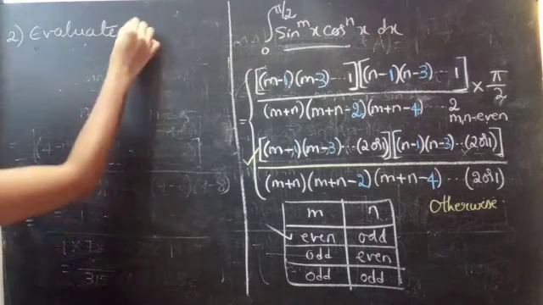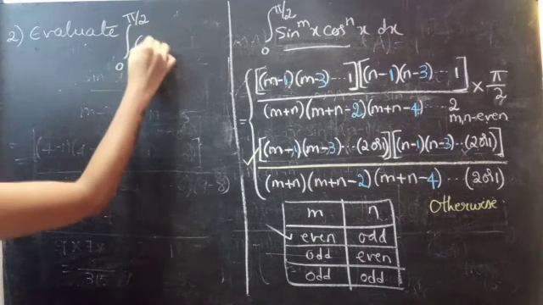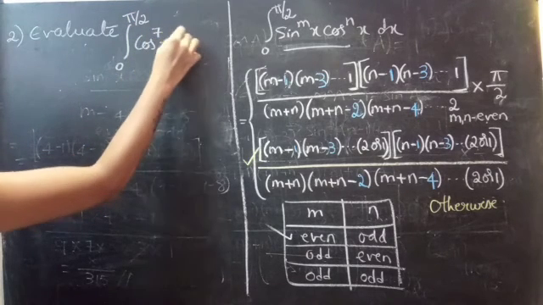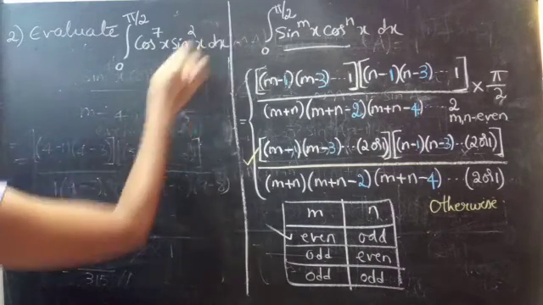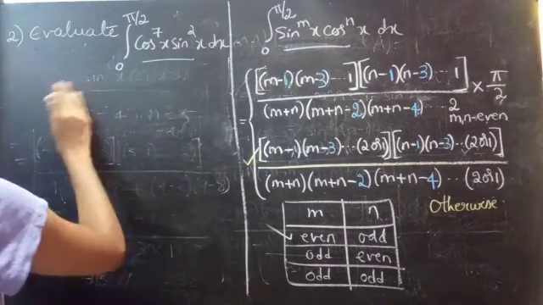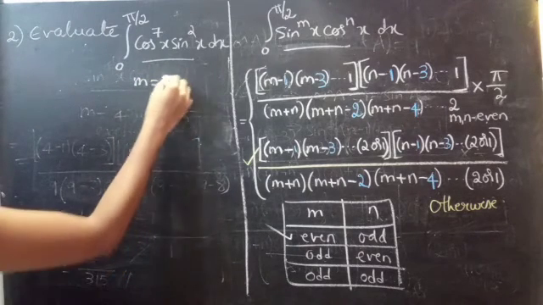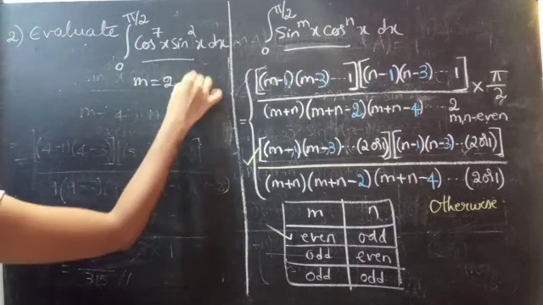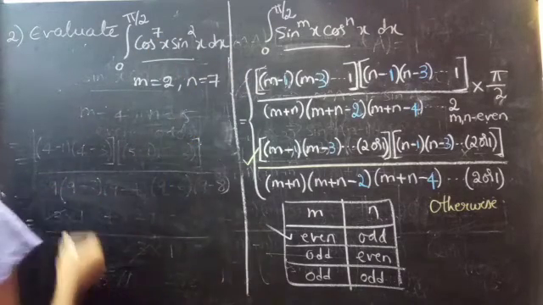Evaluate integral from 0 to pi by 2 of cos power 7x into sine power 2x into dx. Again, compare this with the actual formula. Then you'll get m equals 2 and n equals 7.